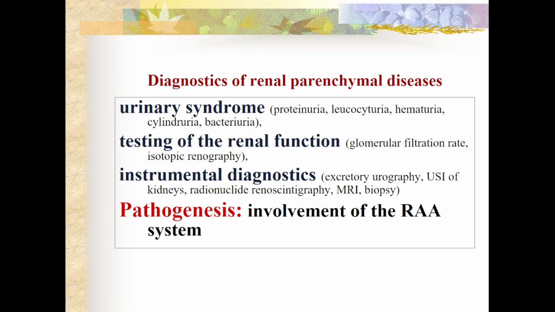And the mechanism of development of arterial hypertension in renoparenchymal diseases is associated with the renin-angiotensin-aldosterone system. Activation of the renin-angiotensin-aldosterone system can cause arterial hypertension.